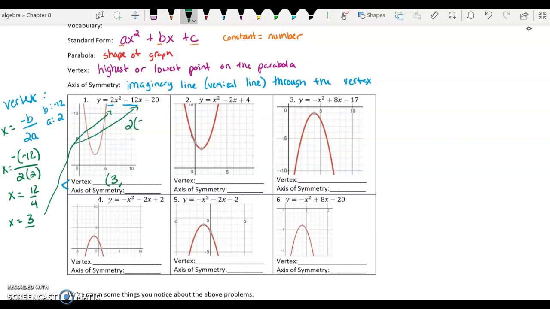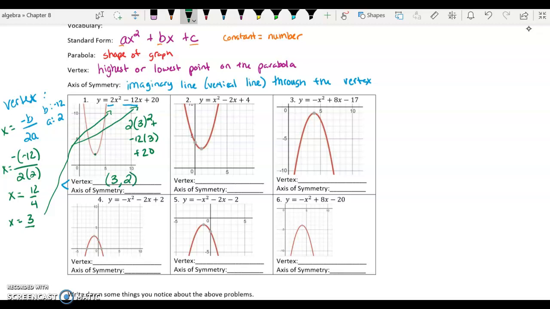So I have 2 times 3 squared plus negative 12 times 3 plus 20. When you do that, you are going to get 2 times 9, which is 18, minus 12 times 3, which is 36, and then plus 20. So you should get 3, 2.